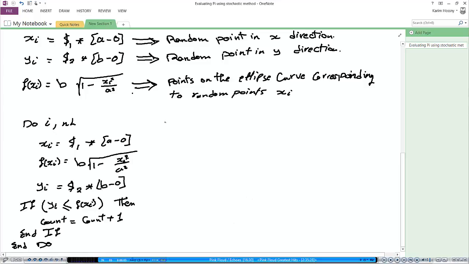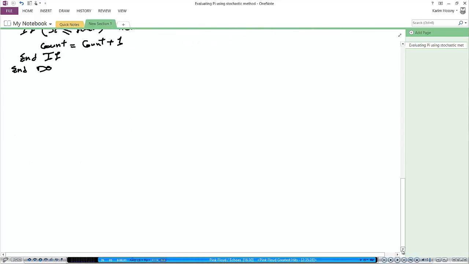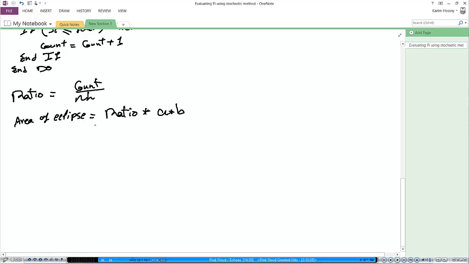Now I have to find the ratio we were asking for. The ratio will equal count over the number of histories taken. Then our area of the ellipse will equal the ratio multiplied by a times b, which is the area of the rectangle.